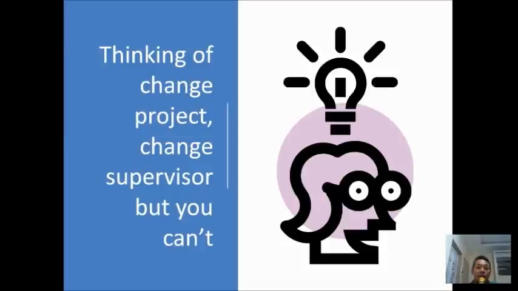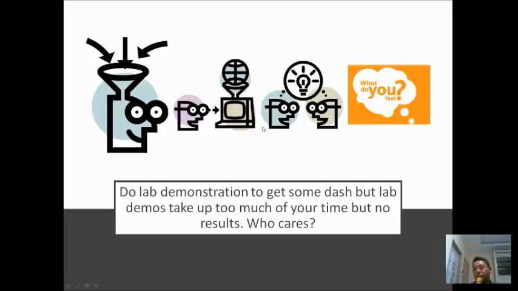But unfortunately, you can't. Okay? And then you do lab demonstrations to get some data, but lab demos take up too much time, with no results. But at this stage, nobody cares.